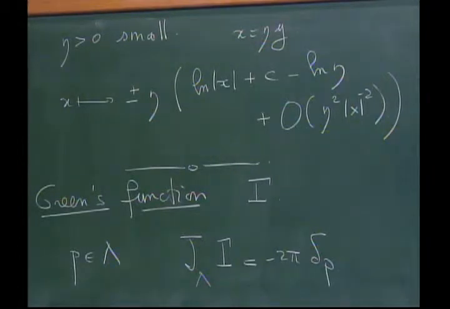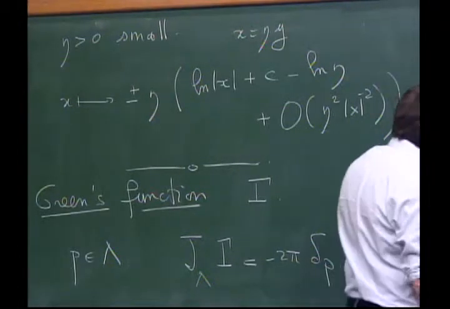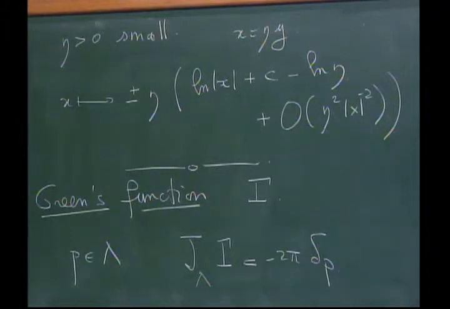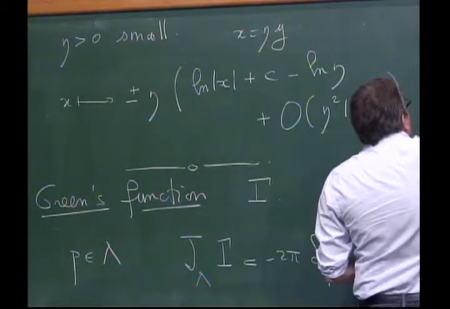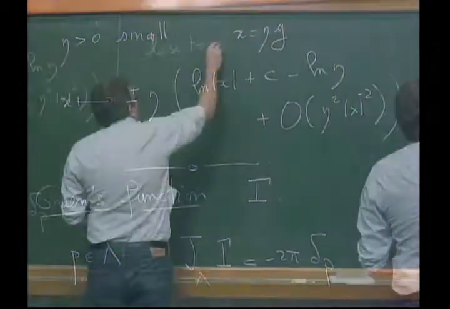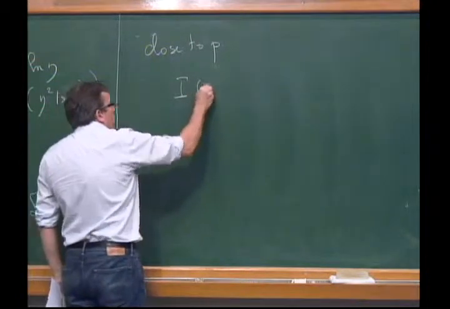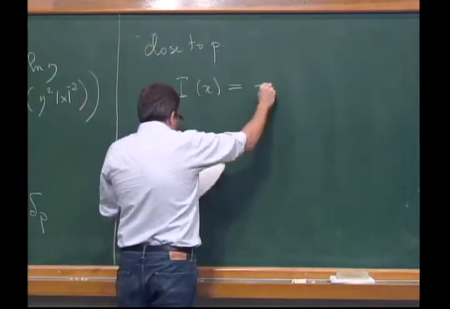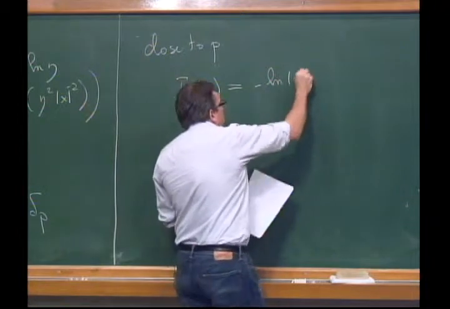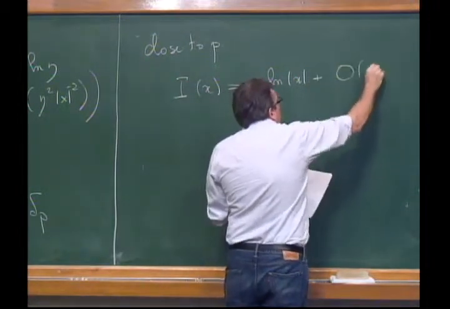The behavior of Green's function is exactly so close to P. You can use geodesic normal coordinates close to P, and you find that gamma of x can be expanded like minus the log of |x| plus a constant.